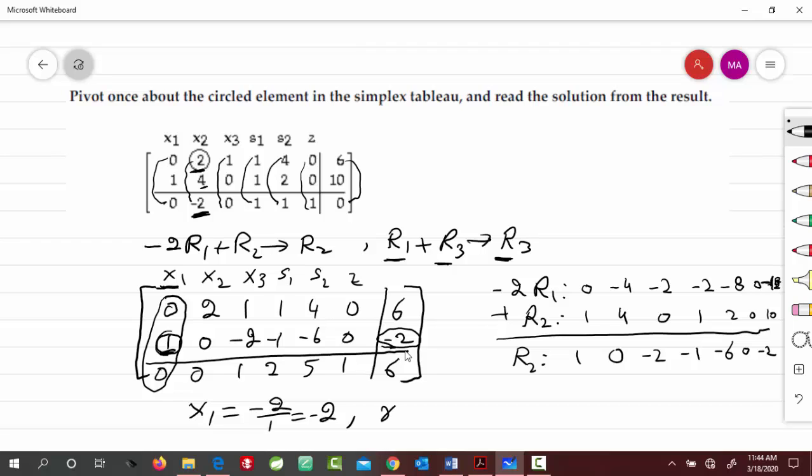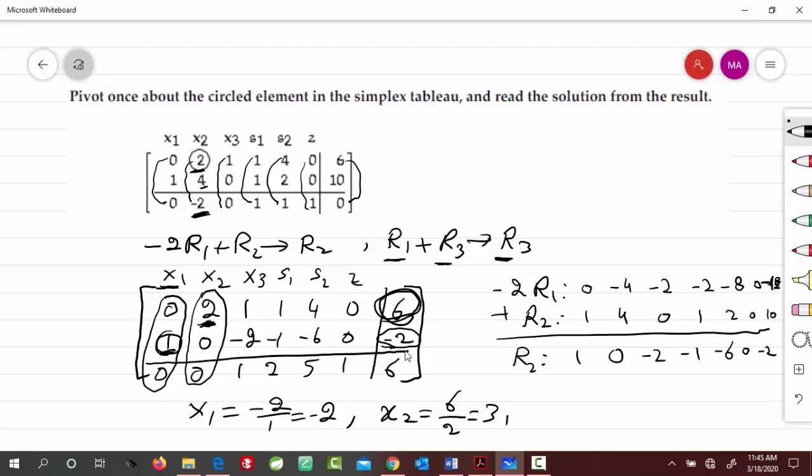Similarly for x2, in the second column there is only one non-zero number, in the first row. The same way, the value of x2 would be this last number, 6, divided by this number 2. So 6 by 2 is equal to 3.